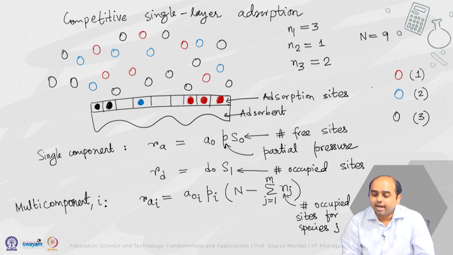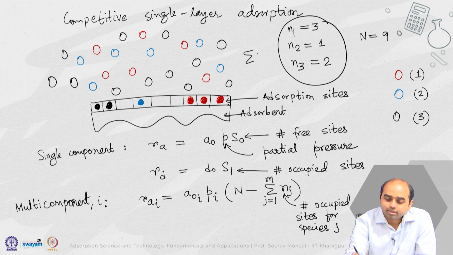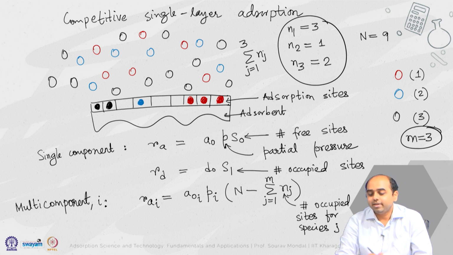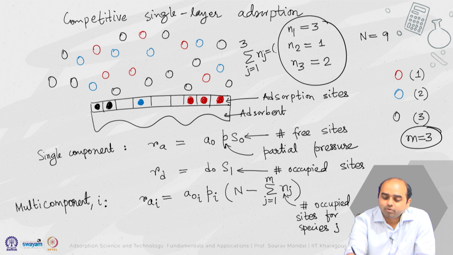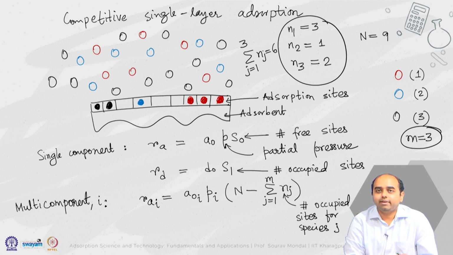so 3. And this 6, the total number of occupied sites, is nothing but the summation of n_j, where j is equal to 1 to 3. In this case m, the number of species, is equal to 3, and on summing them up you can find the number of occupied sites. If we subtract the number of occupied sites from the total number of sites, one can get the number of vacant sites.